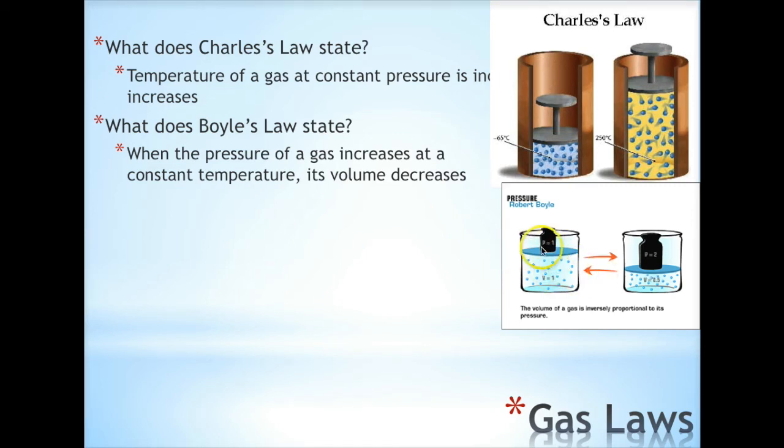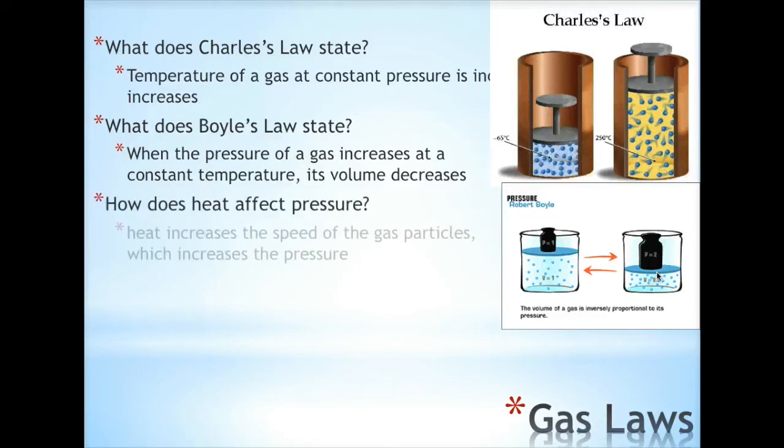Even if we were pushing down more, it's going to put more pressure here, so there's less room for these molecules. So Charles's law deals with an increase in temperature. Boyle's law is an increase in pressure.